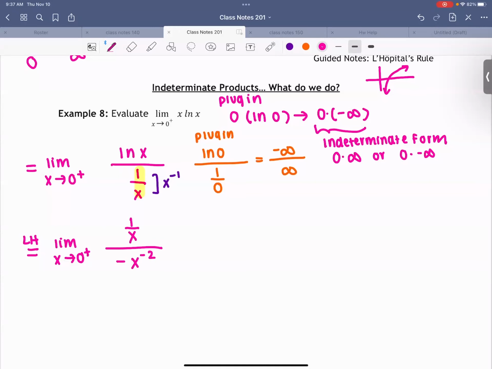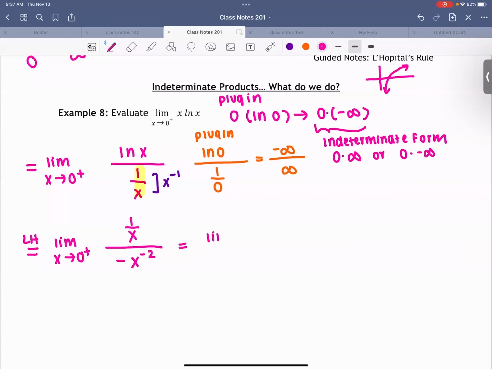Good. If you're not good with flipping over fractions in your head, what I like to do is always represent this as a fraction over another fraction. So I'm going to keep the 1 over x the same, and change the x to the negative 2 to negative 1 over x squared. So the bottom just becomes a fraction.